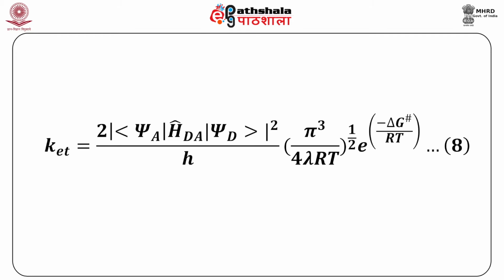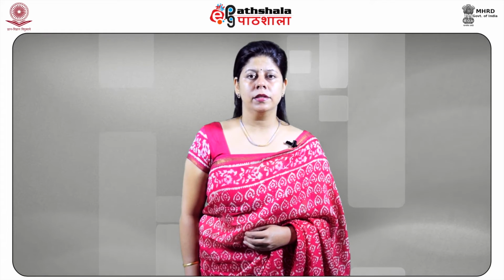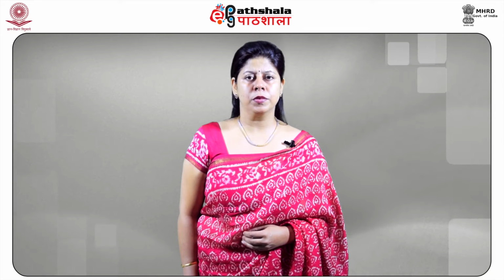The rate constant for electron transfer can be calculated by equation 8, where delta G hash is given by equation 6. Suffice it to state that it is appropriate only for weak electronic coupling between donor and acceptor.